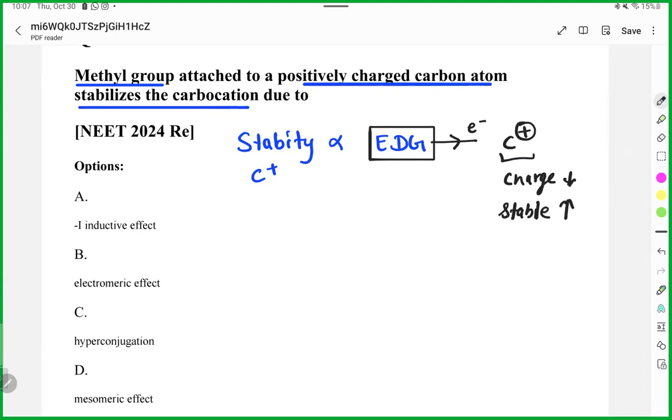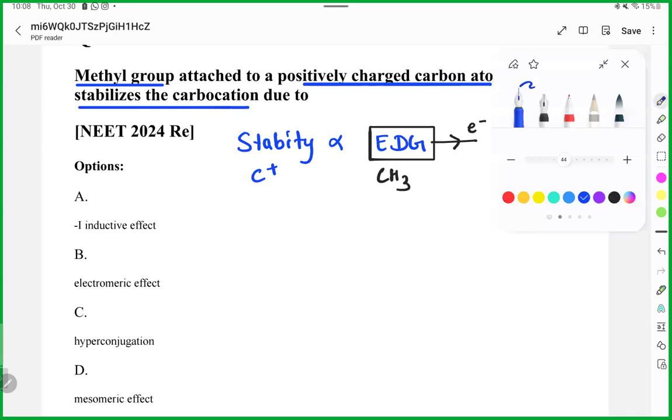Yes. So an electron donating group increases stability. Now methyl group is an electron donating group. When it attaches to the carbocation, it increases stability. But what should be the main effect? So negative inductive. Hyperconjugation effect. Alpha hydrogen, na?